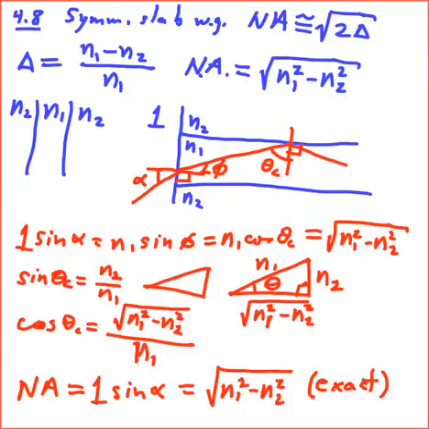Now let's look at how we get that being the square root of 2 delta approximately. We'll do a new page here. Okay, so NA is equal to the square root of n1 squared minus n2 squared.